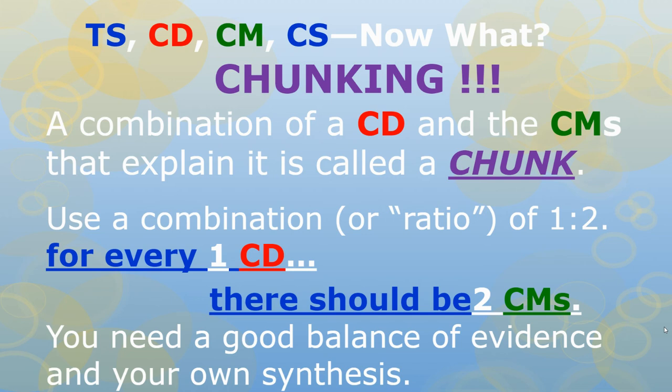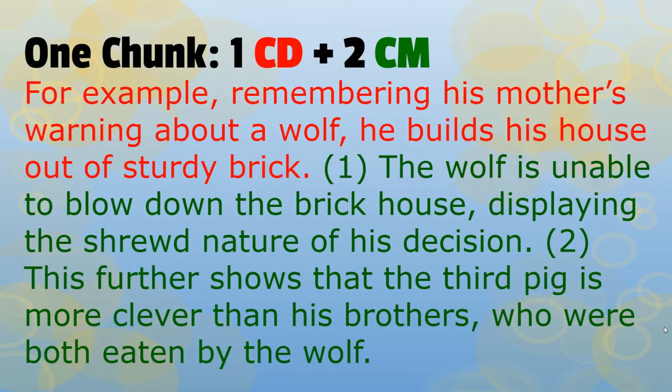You want a good balance between the evidence and your own synthesis of the material. But if you have multiple pieces of evidence, you can chunk them. So you could have a concrete detail and commentary to explain it, and then repeat again, concrete detail and commentary to explain it without creating a whole new paragraph with a new topic sentence and a new concluding sentence. If both pieces of evidence support the same topic sentence, they can stay in the same paragraph.